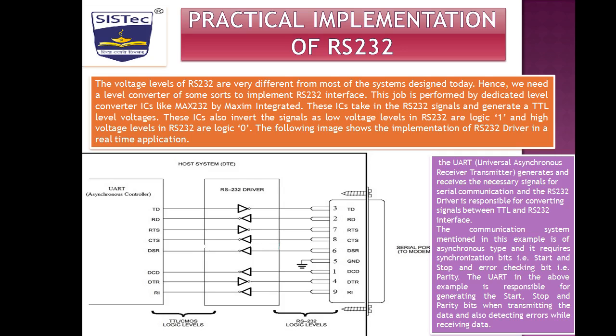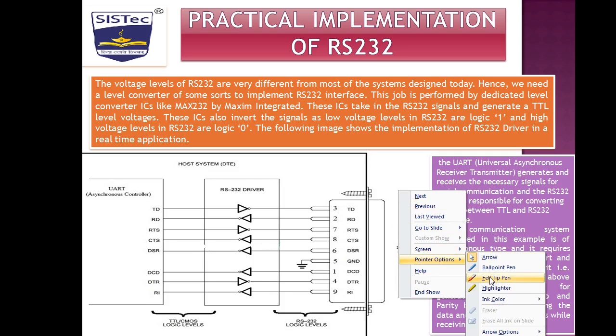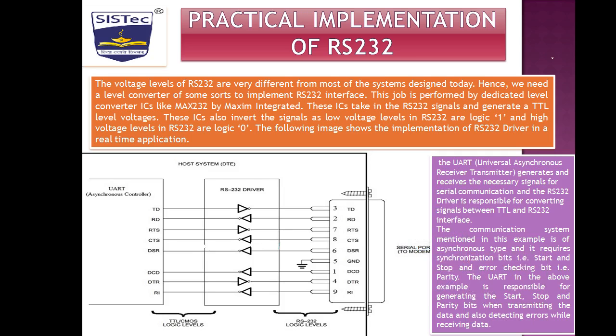In this diagram, the digital data transmission using a modem and standard telephone lines is shown. You can see a computer that uses a UART, that is Universal Asynchronous Receiver Transmitter, and it has pins TD, RD, RTS, CTS, DSR, DCD, DTR and RI.